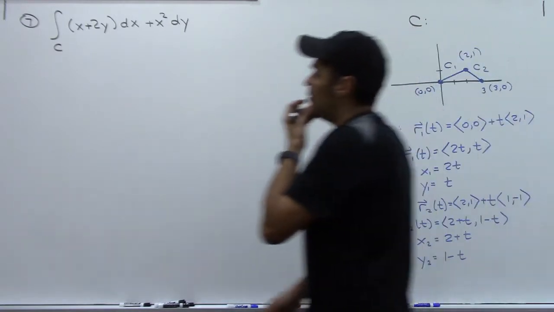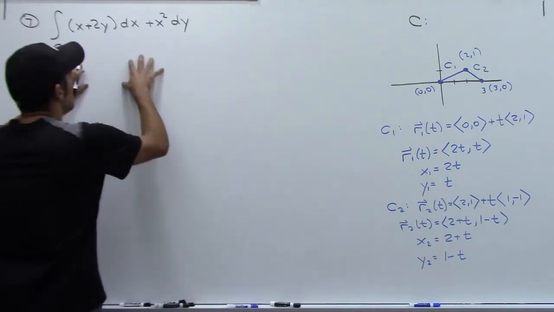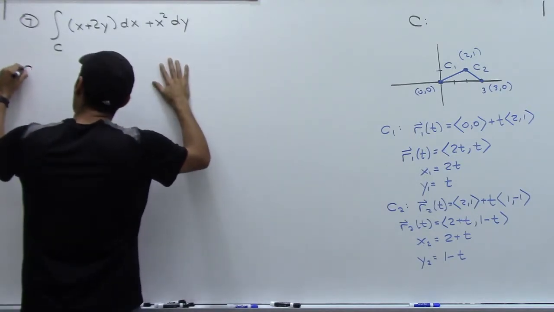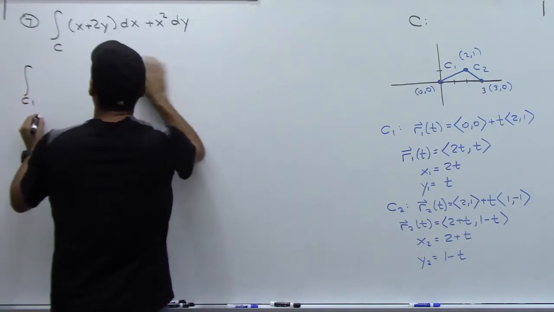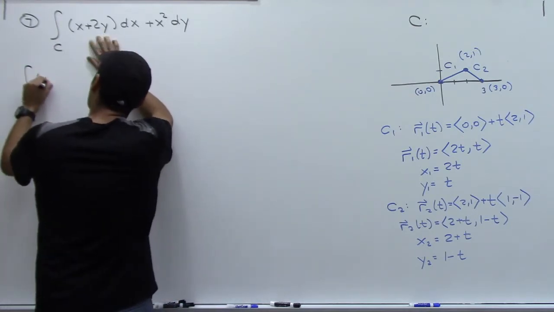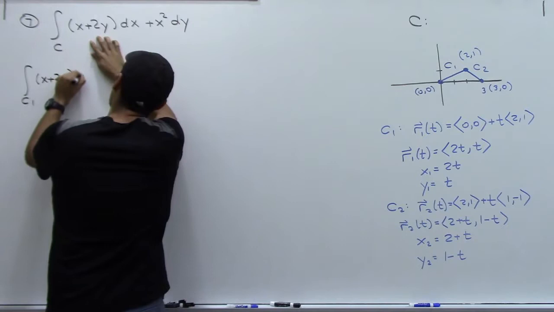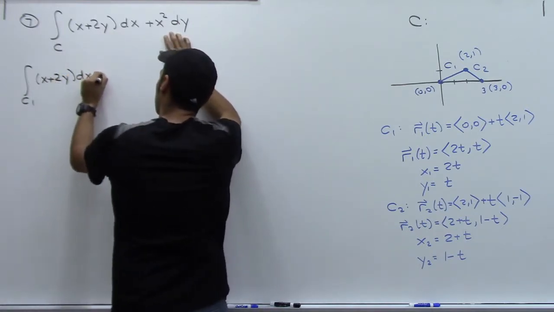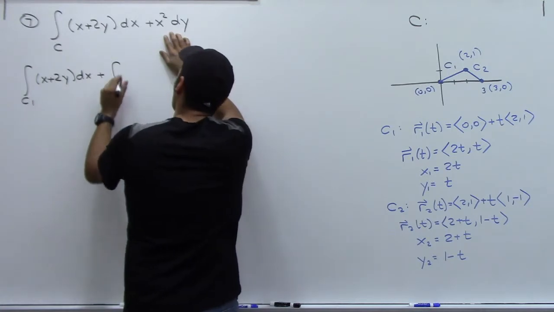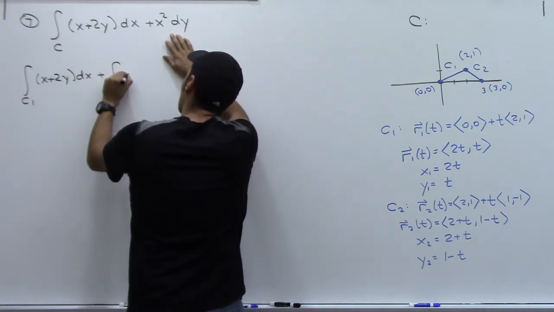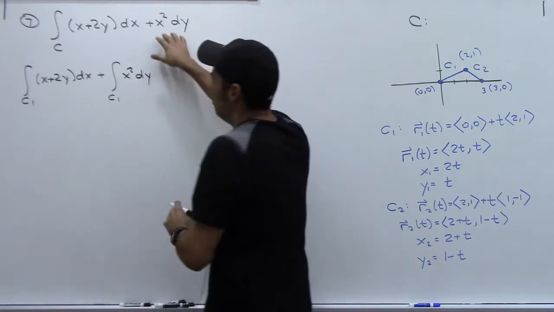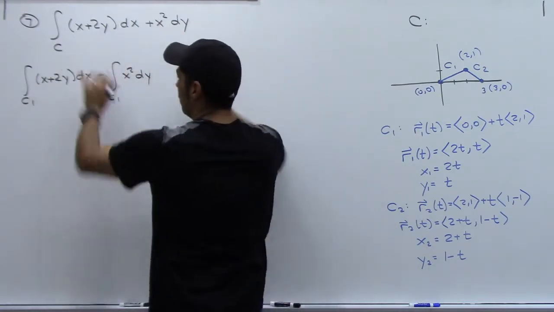And what I need to do here is realize that this is actually going to need to be written as 2 different integrals. This is going to be the integral over C1 of (x plus 2y) dx, and then plus the integral over C1 of x squared dy. So that's just rewriting the notation. This really means 2 integrals.